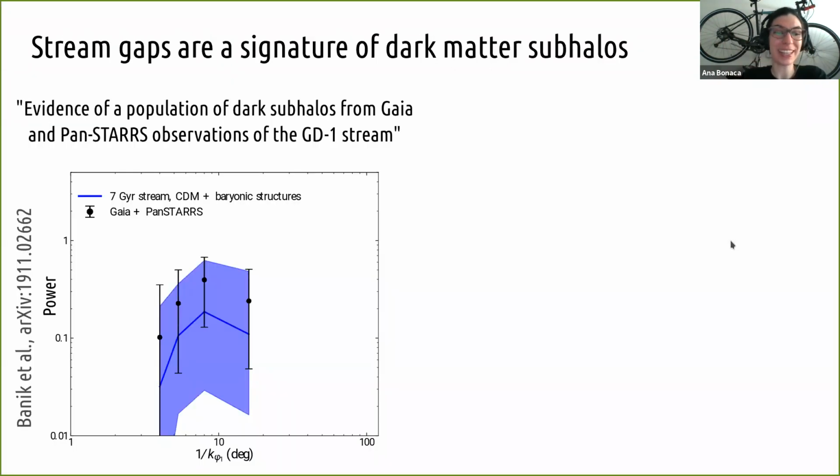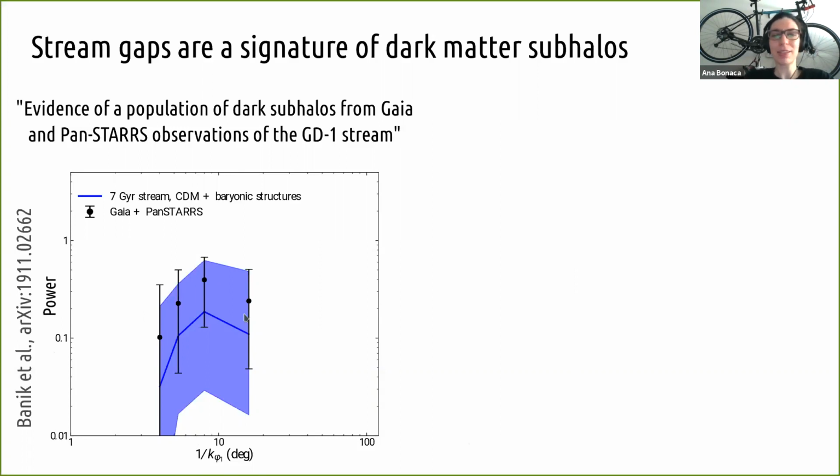So late last year, there was a paper by Neil Bannock that was looking at the power spectrum of density variations. This is scale in degrees on the x-axis and power on the y-axis. And the measurements of the stream are shown in black data points.